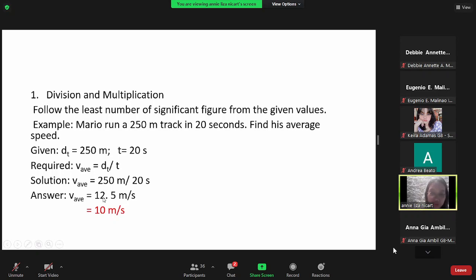So applying the rule of significant figures, remove the digits 2 and 5. Since 2 is less than 5, the preceding number, the one you are rounding off, retains its value.